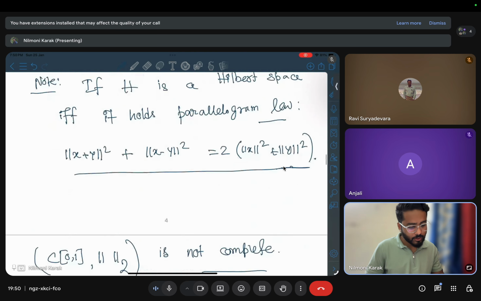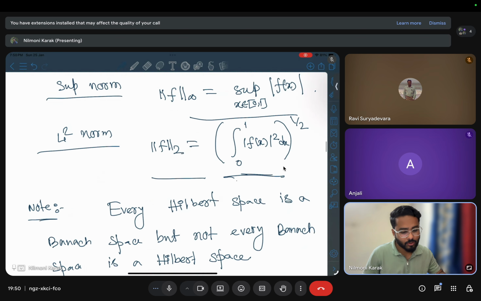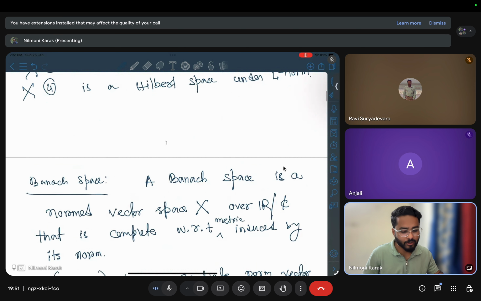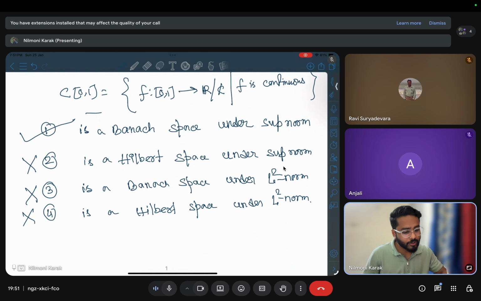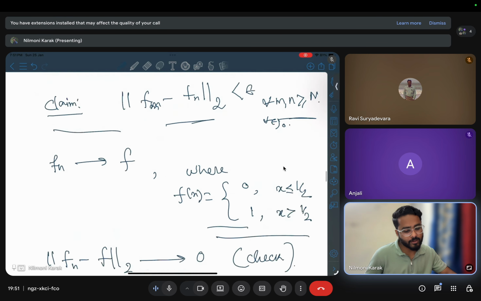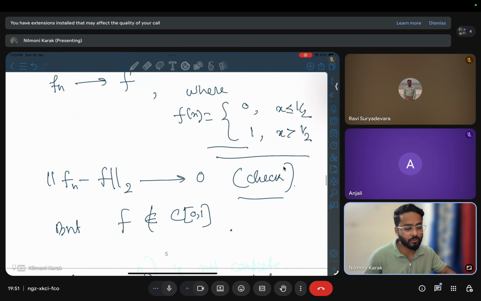Not complete means two options are not correct, because for Hilbert space and for Banach space you need completeness, right? So under the L2 norm, these options 3 and 4 are incorrect. This is not complete at all with respect to L2. Got it? Initially I discussed it. You can check with this sequence of functions.